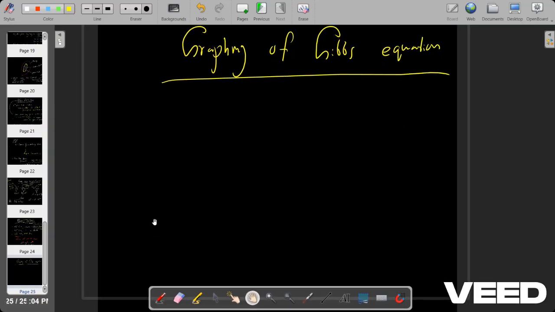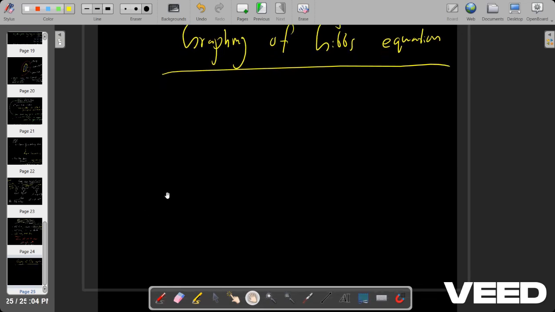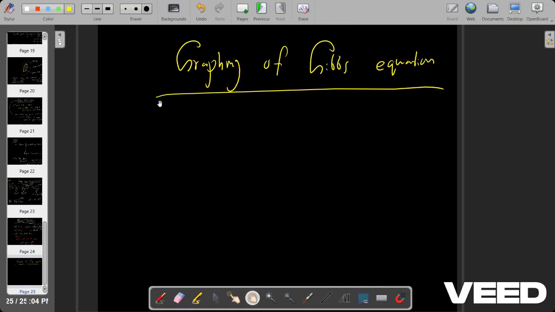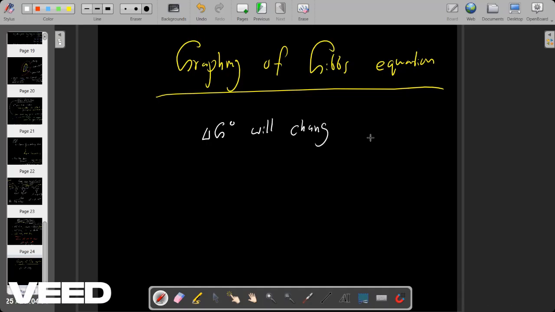Now I want you to plot a graph, using the Gibbs equation, of how delta G naught will change with temperature when the enthalpy and the entropy remain constant.